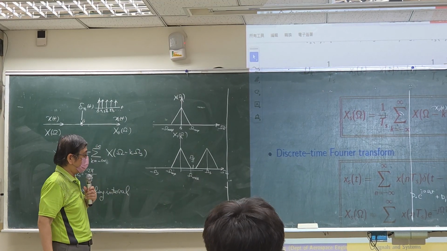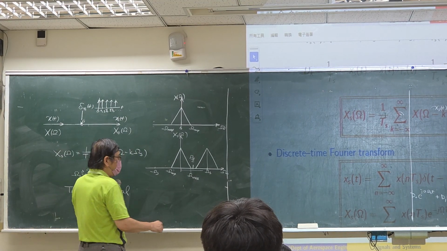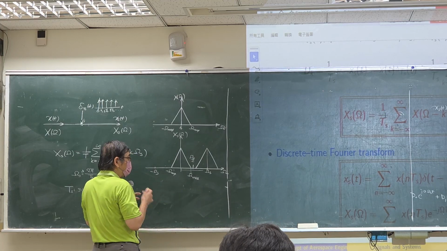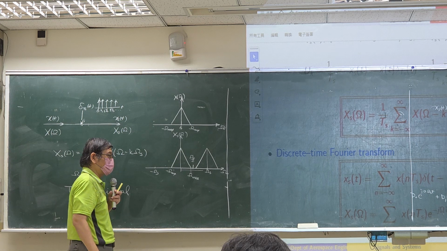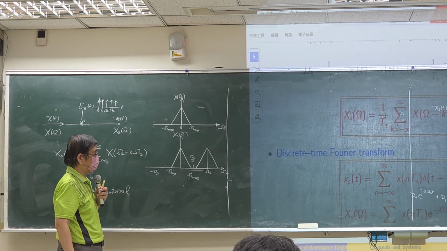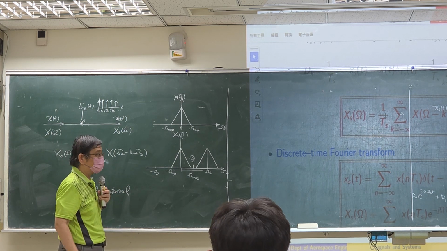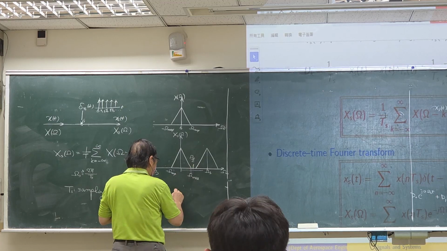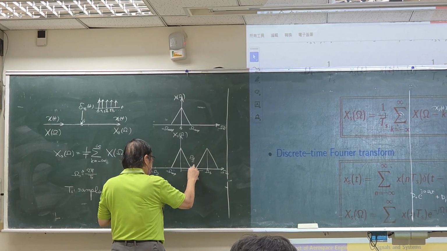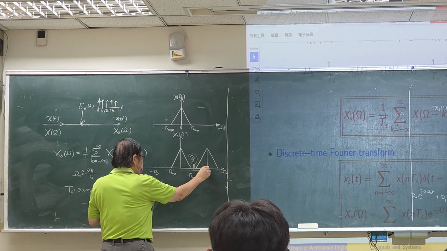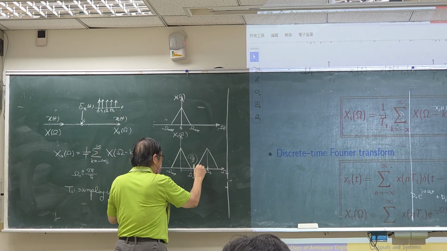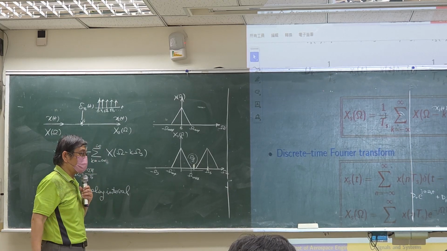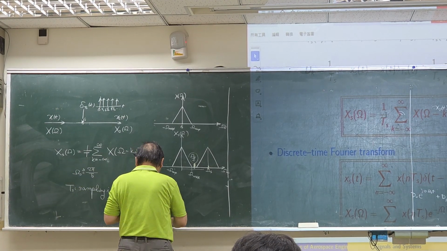Okay, now look at this figure. How do we avoid these two frequency responses collapsing? This is the middle, 1/2 omega s. This is omega s. At every omega s, we have a reproduced frequency response.